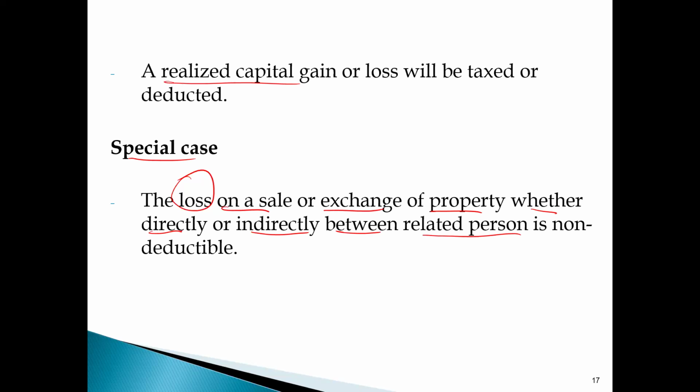That's why the tax law always has a provision to try to protect against this between related parties. Of course, if you record gains, then you pay tax. But if you record a loss, then you cannot claim it as a deduction, even though it is realized.